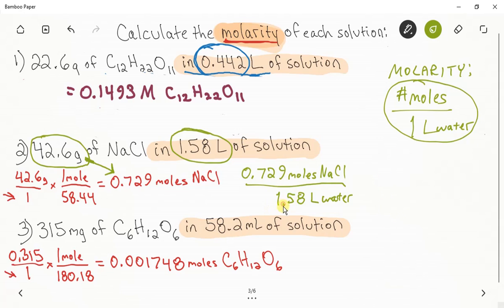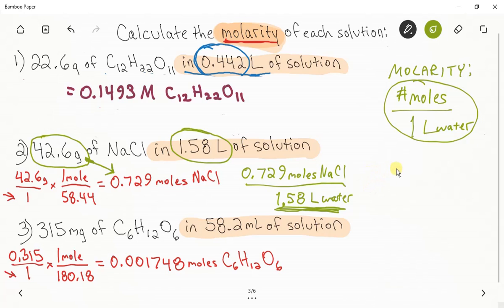So we don't have 1 liter. We're not using 1 liter of water in this recipe. We're using 1.58 liters of water in here. So if we're using 1.58 liters of water with this 0.729 moles of sodium chloride, then that's not going to be near as strong as if we were to use a whole mole in there, or if the molarity was 1.